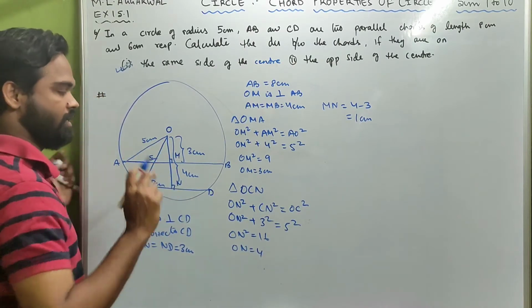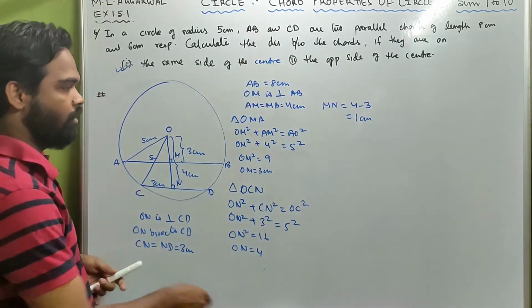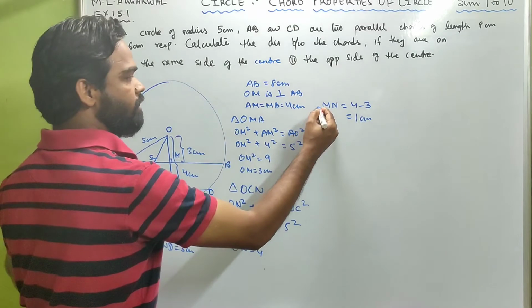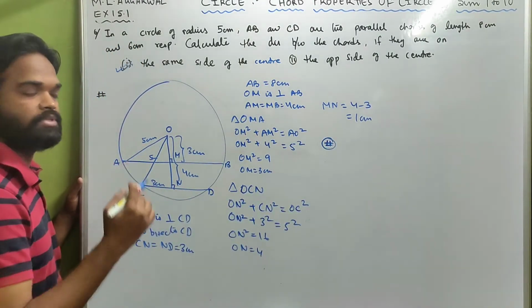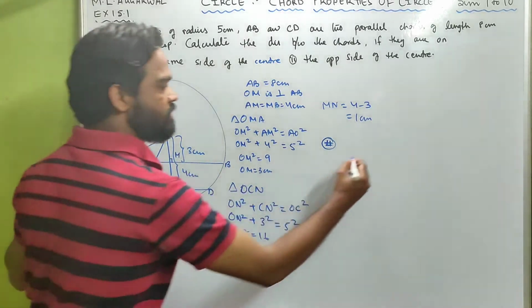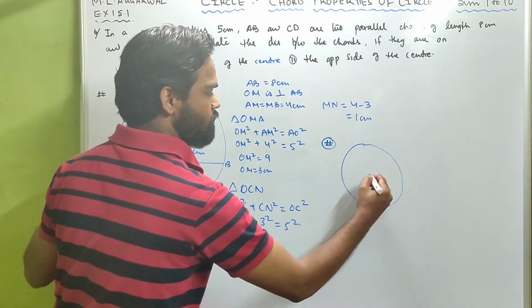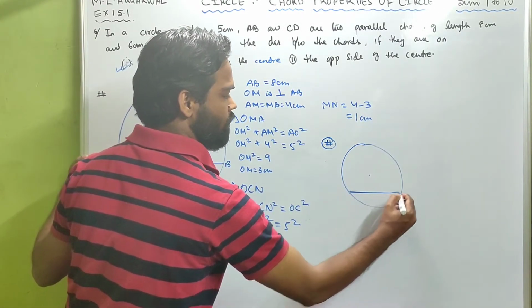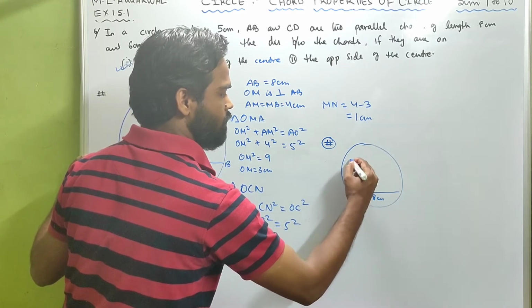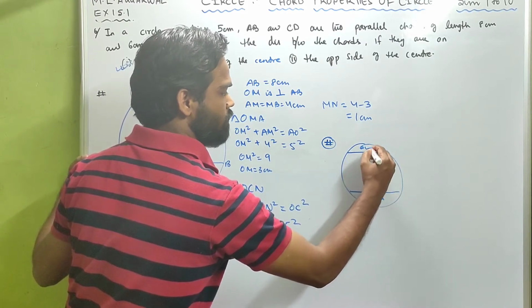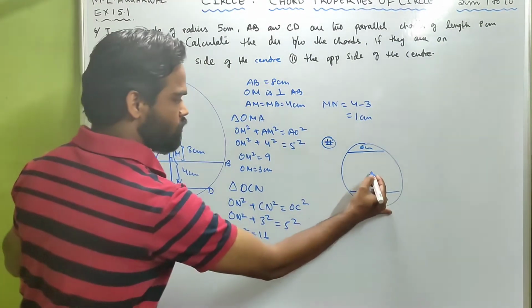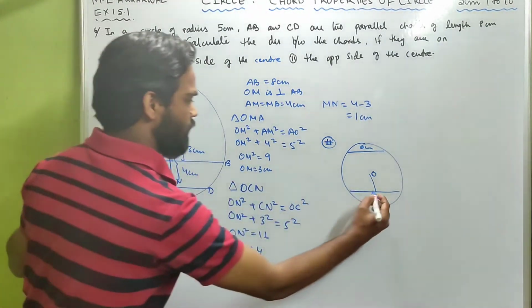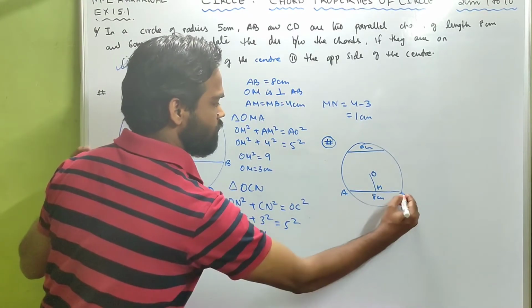is 1 centimeter. Now, the second part they have asked, what if the chords are on the opposite sides of the center? Very easy. See, this is your center. Suppose the chord is 8 centimeter and this is 6 centimeter. We know from the center O, this is M, I've already marked over here, AB.